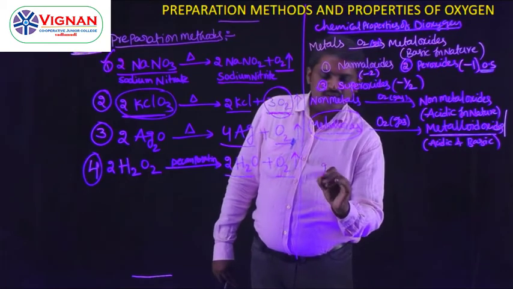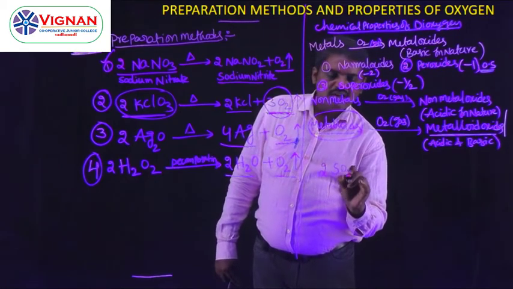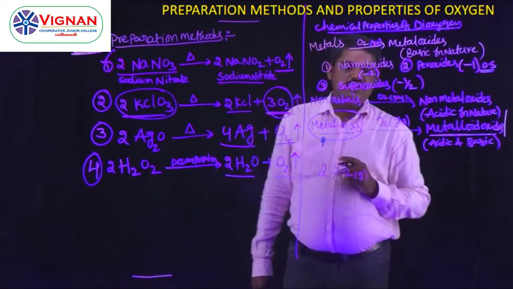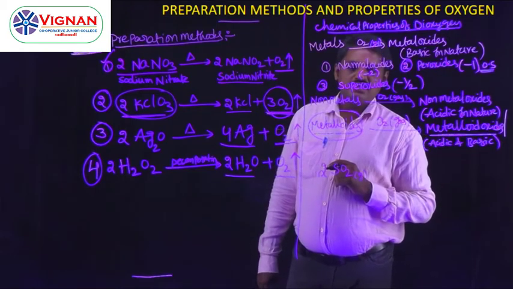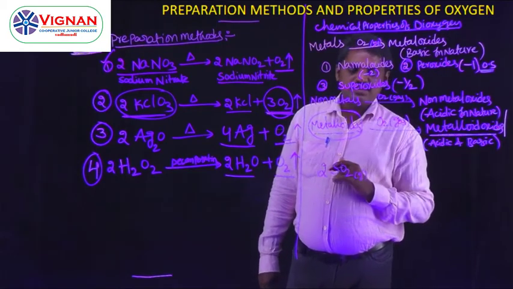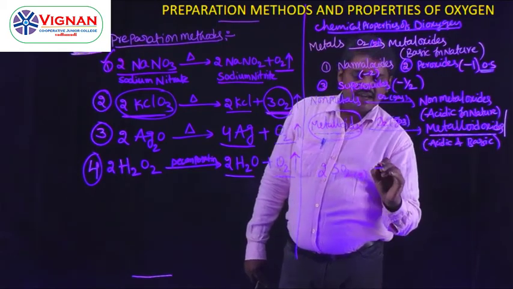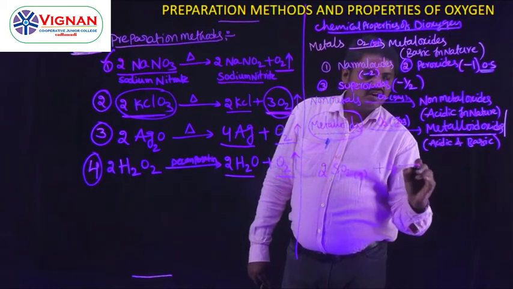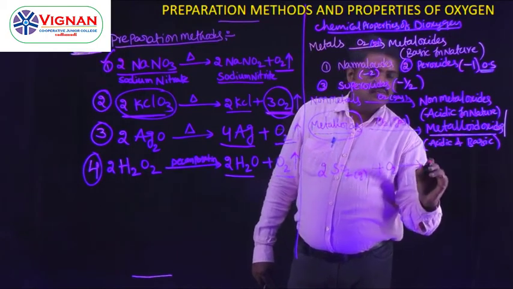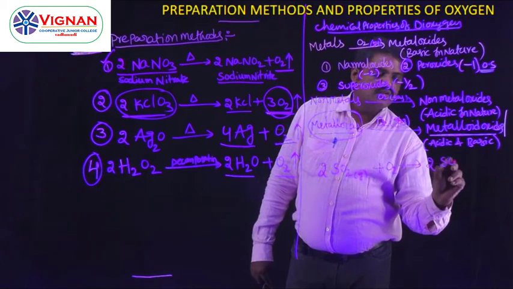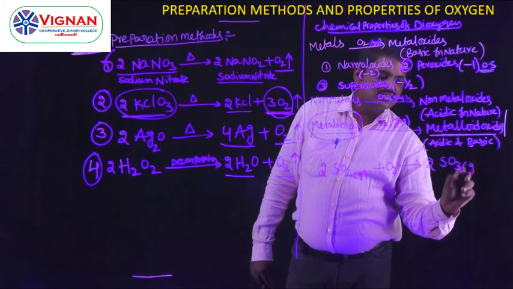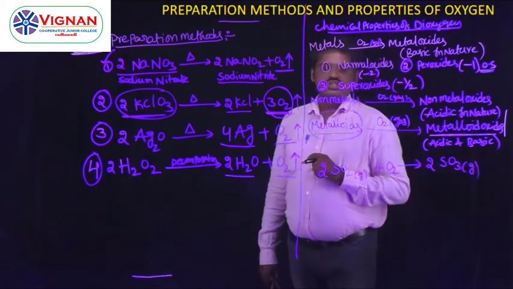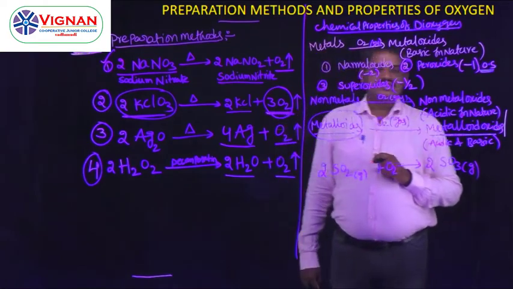Sulfur dioxide is an unstable gaseous molecule. The sulfur dioxide reacts with oxygen gas to produce stable sulfur trioxide gas.